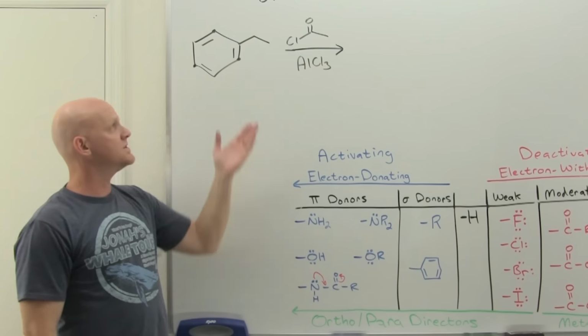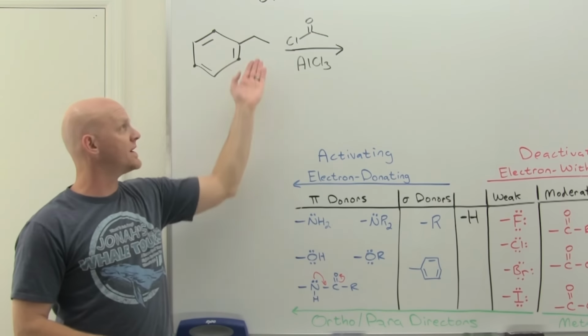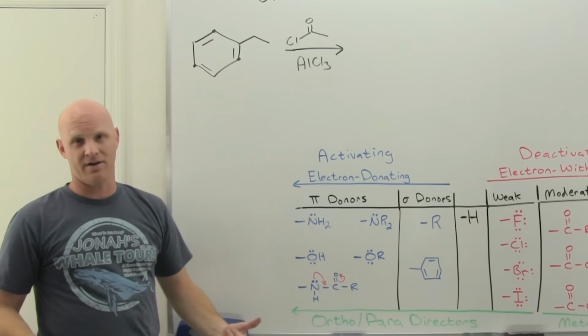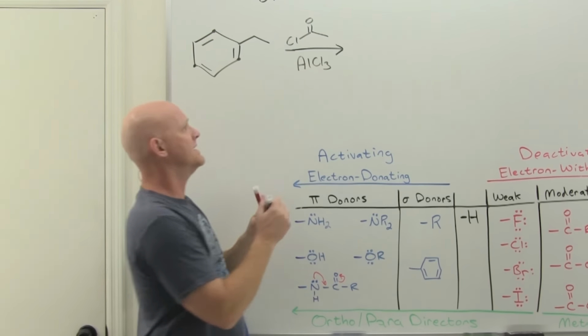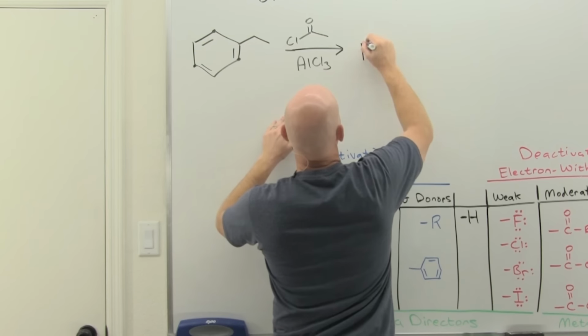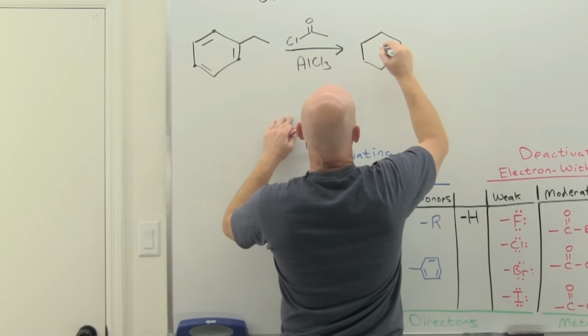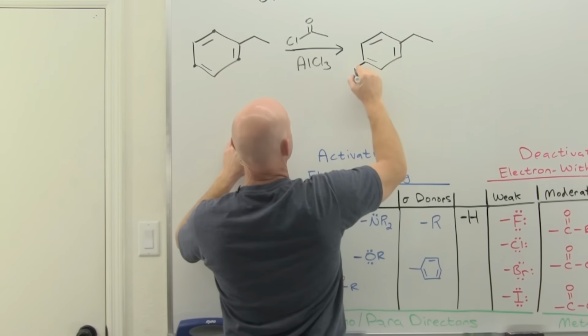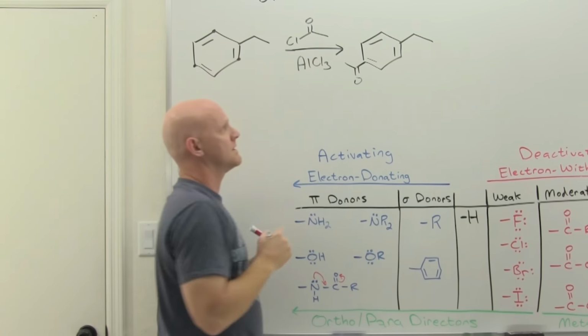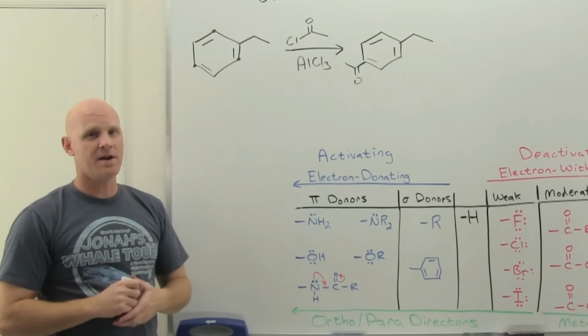And acylations, when you've got an ortho-para director, happen almost exclusively para. There'll be a small amount of ortho product, but not much. So a lot more para. And so this is one example where you're often instructed to predict just the para, even though you had an ortho-para director. Cool, and there's our major product.